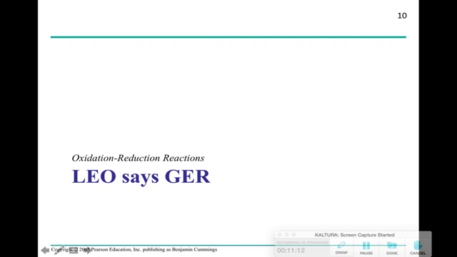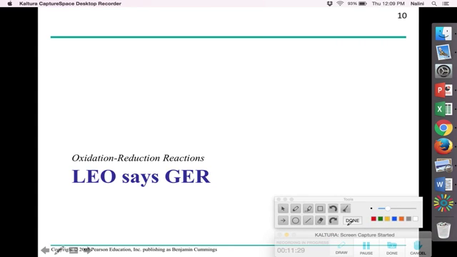You have to remember this mnemonic: LEO says GER, to remember the definitions of oxidation and reduction. What do LEO and GER stand for?